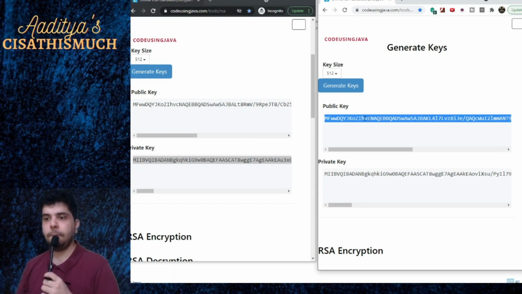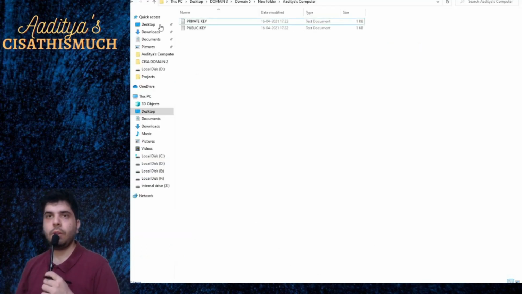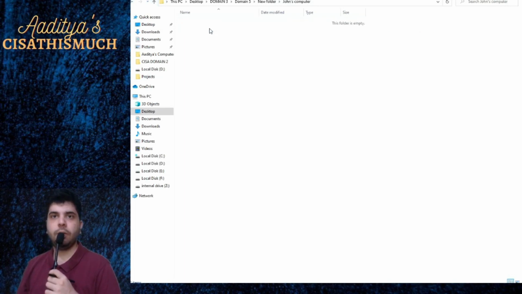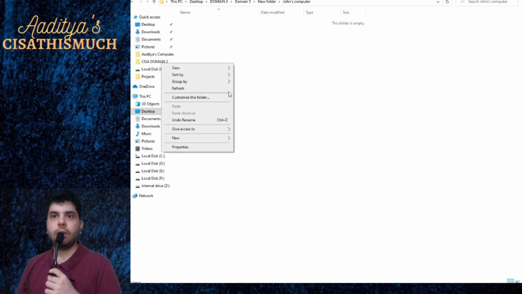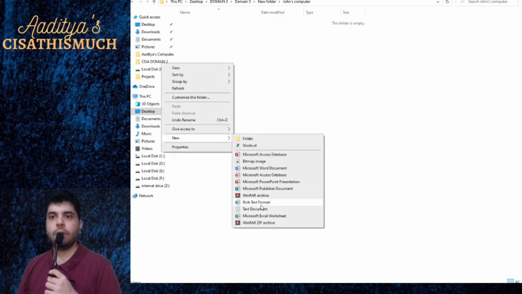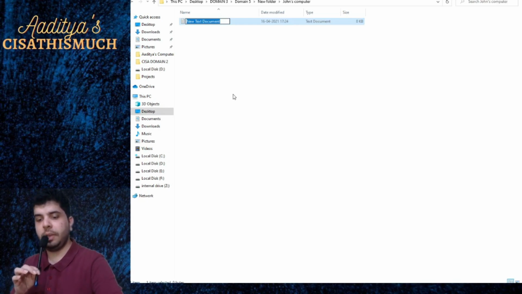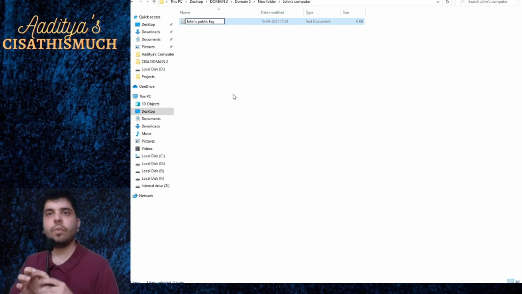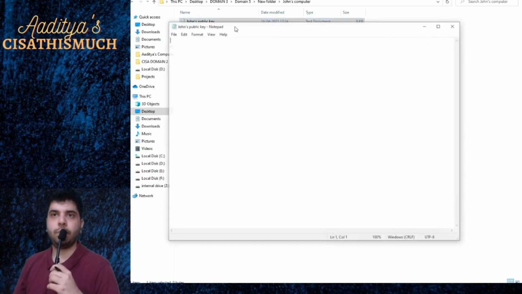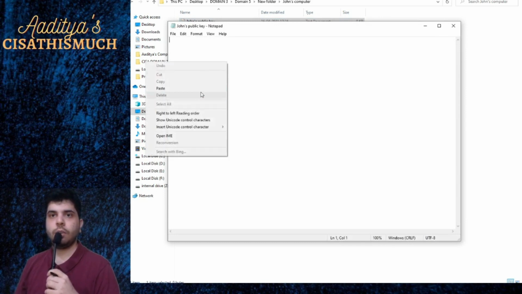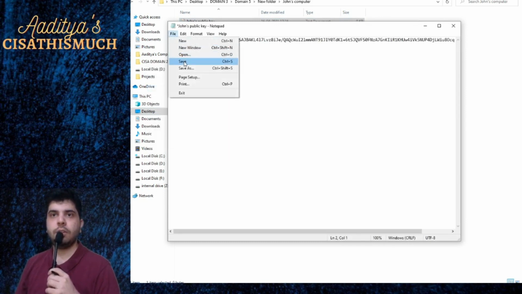Control C. John's computer. Now this is John's public key. All right, paste, save.